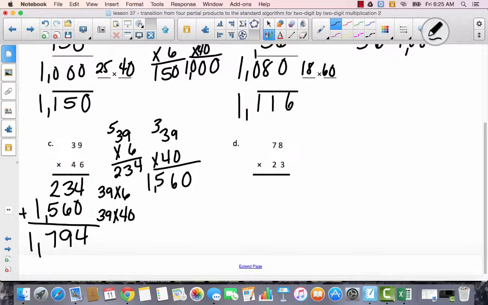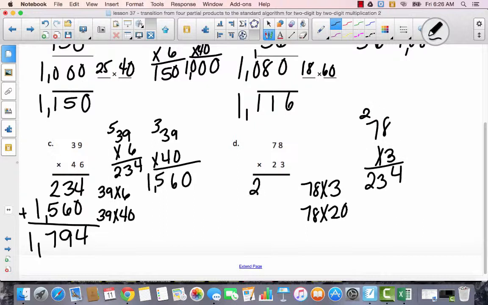All right, I want you to try this problem all by yourself. If you get stuck, look back over here at what we've done the last 3 problems. And then come back and see if you get the same answer as me. Okay, so for this problem, we're going to do 78 times 3 and 78 times 20. So 8 times 3 would be 24. 7 times 3 is 21, plus 2 is 23. So we have 234 for 78 times 3.